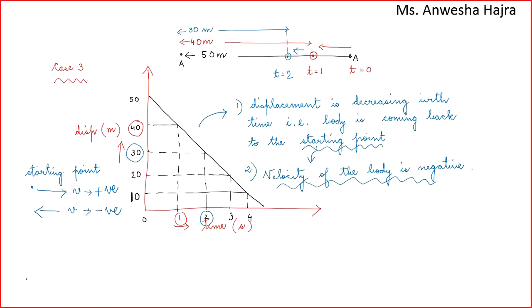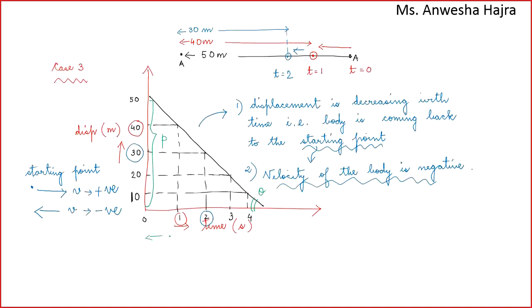Now what is the velocity? As usual, velocity is perpendicular by base. This is my angle theta now. Perpendicular is the opposite side. So this is perpendicular.